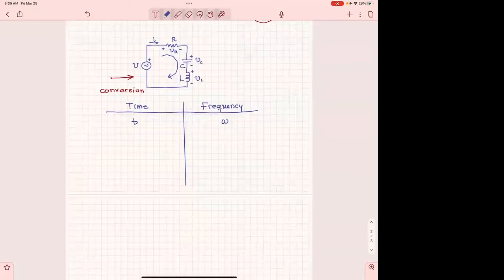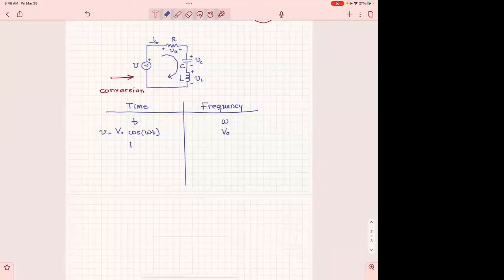Then when you have a V, which is V naught cosine of omega t, then in the frequency domain it is going to be V naught.